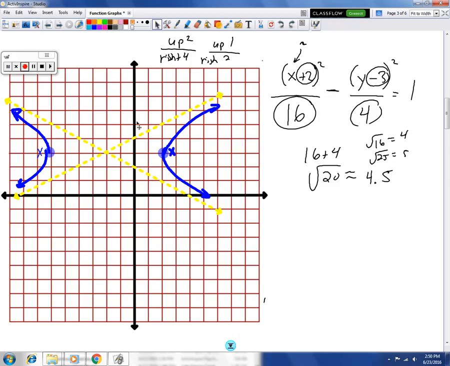Okay, so the coordinates of the foci, and I'm kind of just approximating.